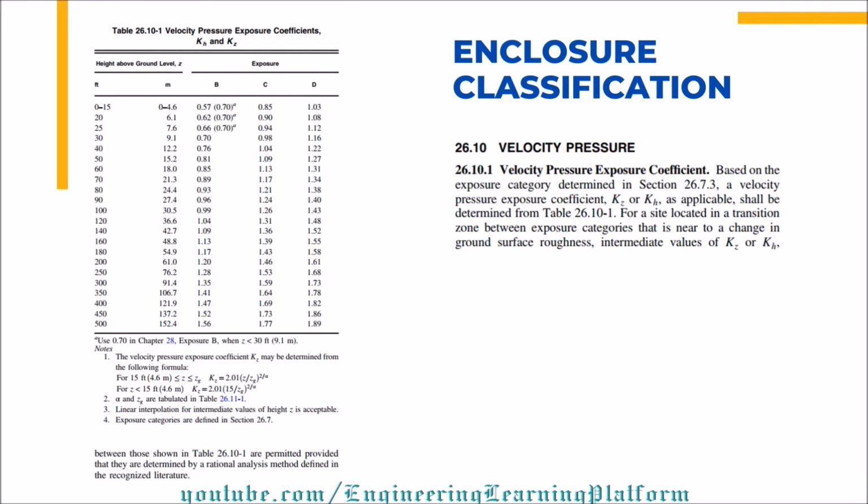This KZ will be used in calculating pressure for the windward side, and KH means the pressure at this KH will be used for calculating the pressure at mean roof height. And we select this factor based on the height and exposure category.